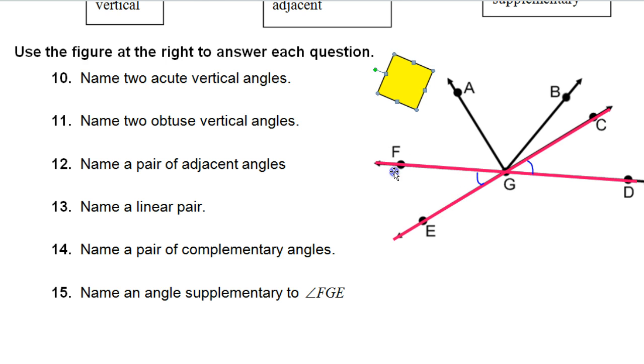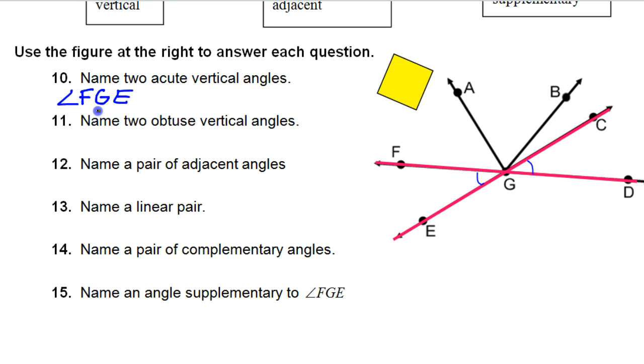Alright, save that for later. So we just have to name them. One of them we could call angle FGE. The vertex always needs to be the middle letter. So I could say angle FGE.